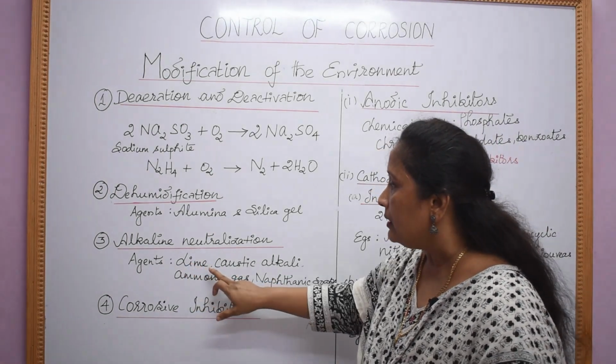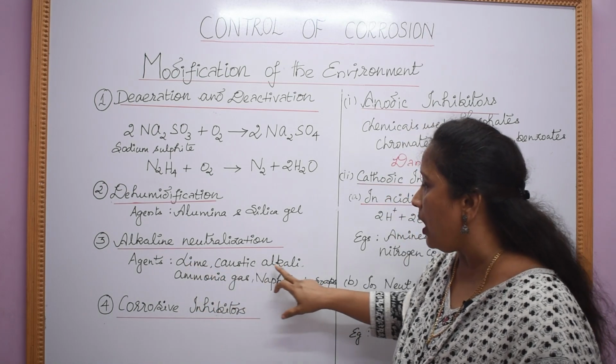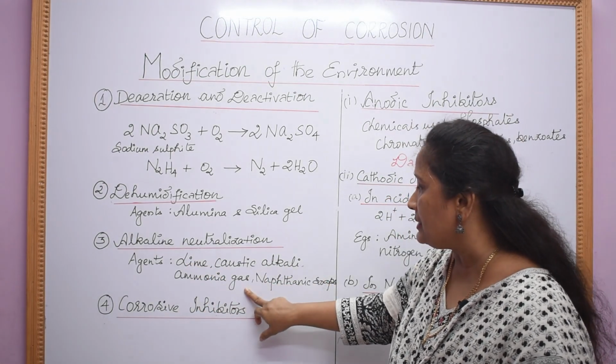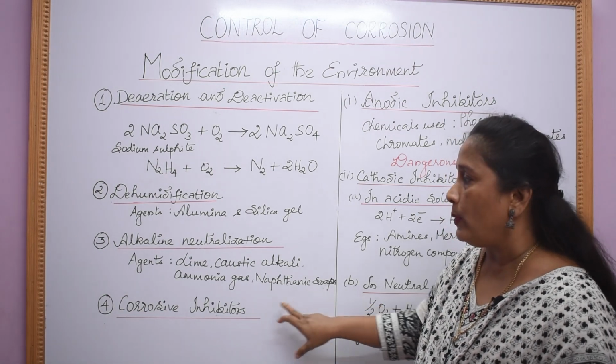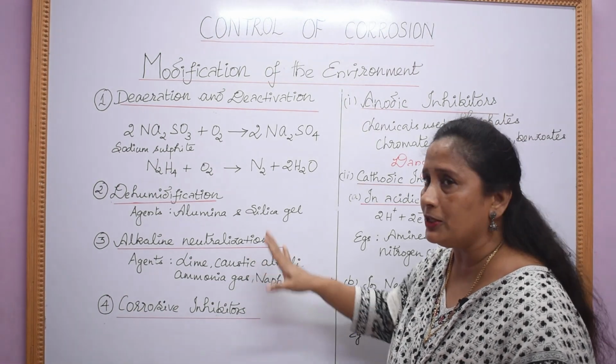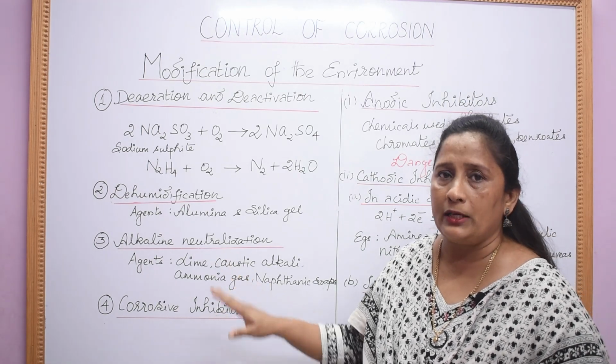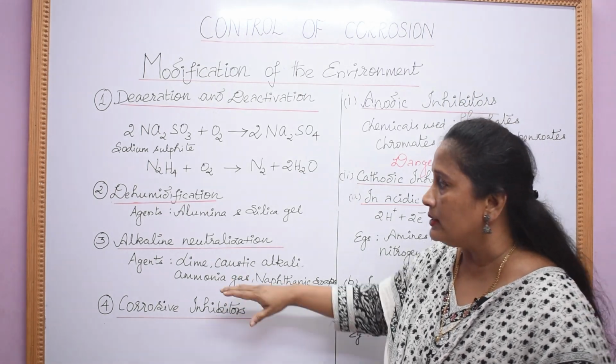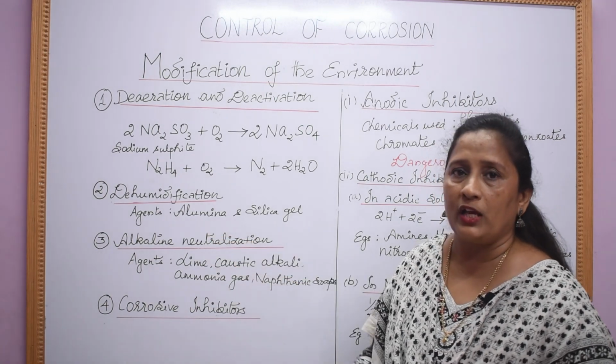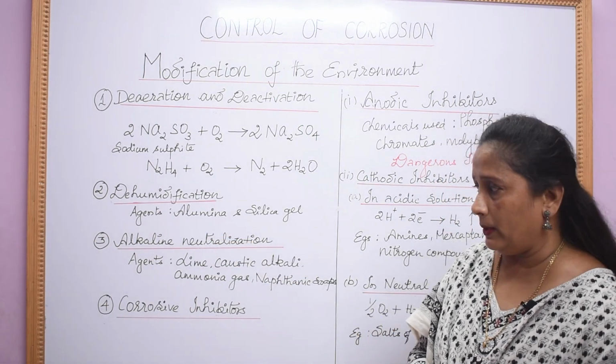We can add agents like lime, caustic alkali, ammonia gas, and naphthenic soaps. When these alkaline agents are added to the acidic environment, neutralization happens and therefore the rate of corrosion will be less. So this is the third method of modification of the corrosive environment.